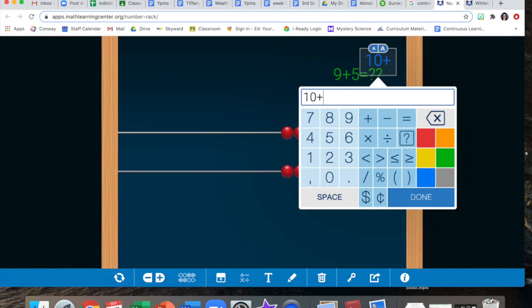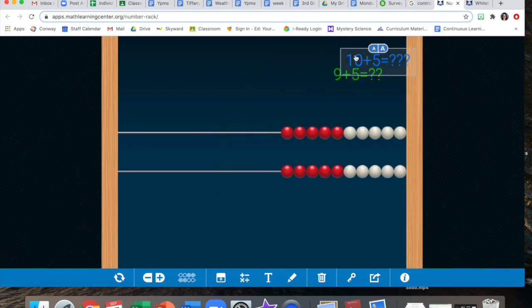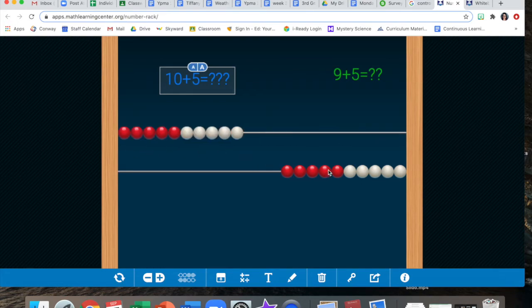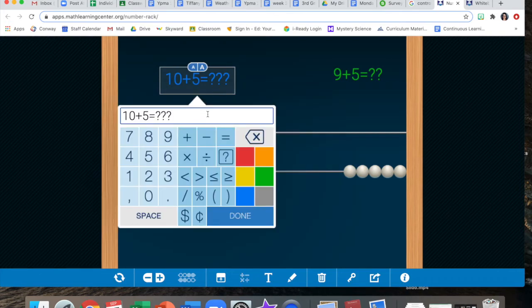If we did 9 plus 5, the add 10 fact that we need is 10 plus 5. And we'll just find the answer to that as well. Okay, let's build 10 plus 5 first. 10 and 5 more. The answer is, yep, 15. 10 and 5. Let's change that to 15.